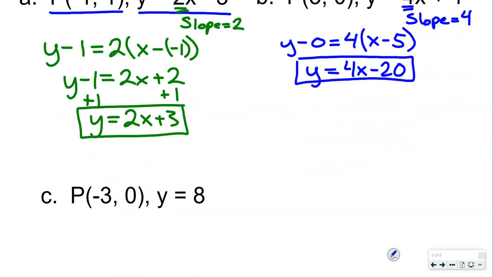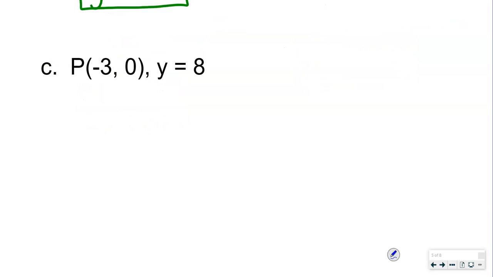Okay, one more example with parallel lines. We have a point at negative 3, 0, and our line is y equals 8. So what is the slope of y equals 8?